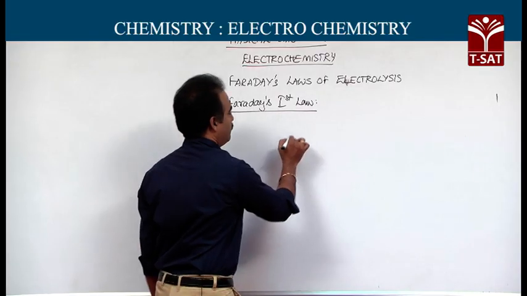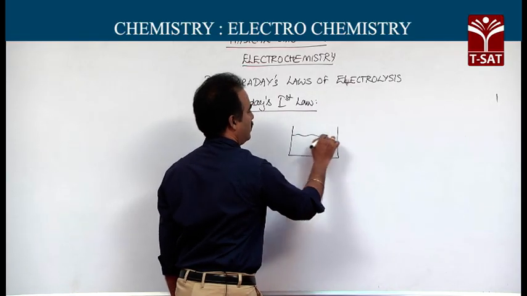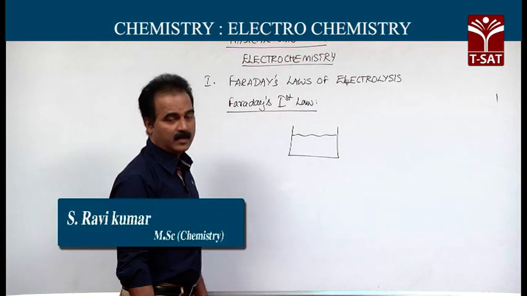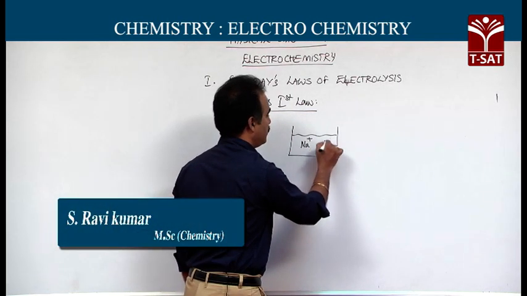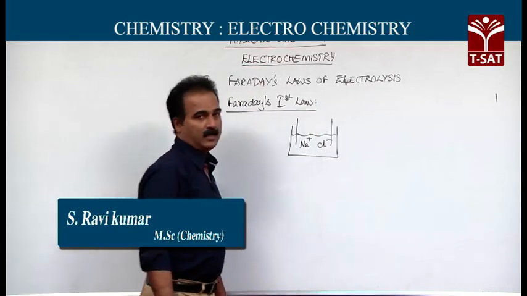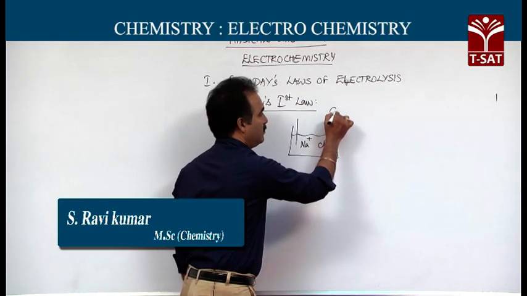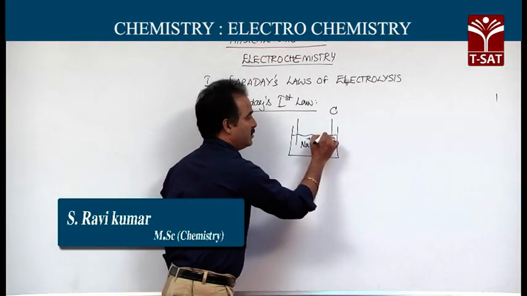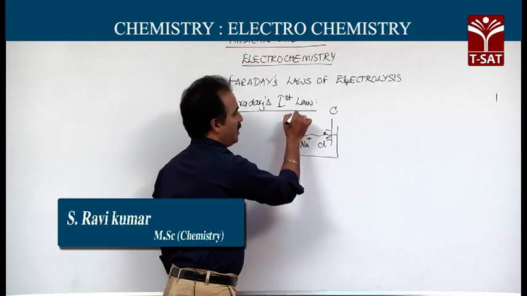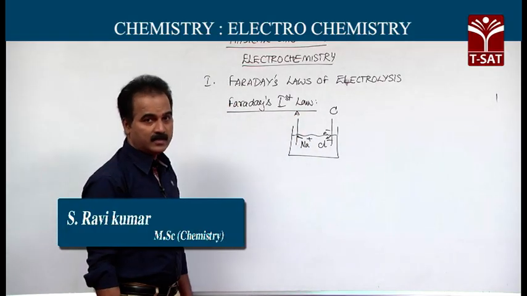It means when you take any electrolyte, let us say molten sodium chloride, and subject it to electrolysis, this is the cathode through which electrons enter, and this is the anode through which electrons exit.